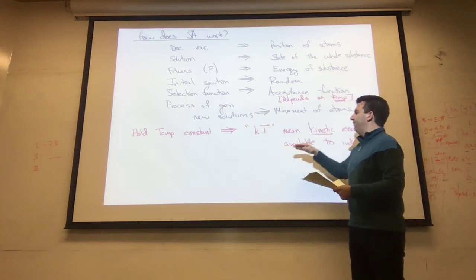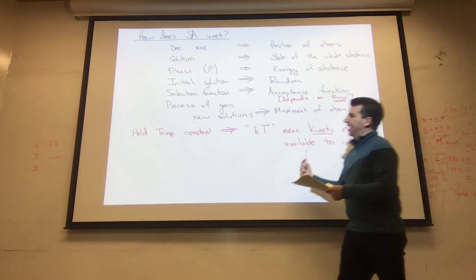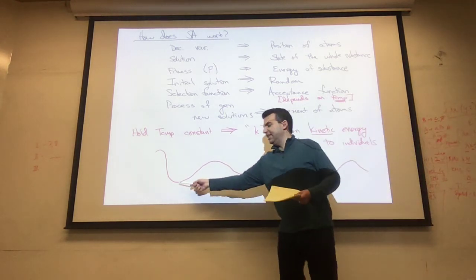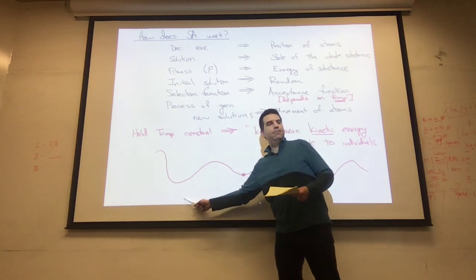So if we draw an optimization function that we're trying to find the minimum of, and we're sitting at some particular point here, then in order for us to find this minimum, we need to be able to get over this barrier.